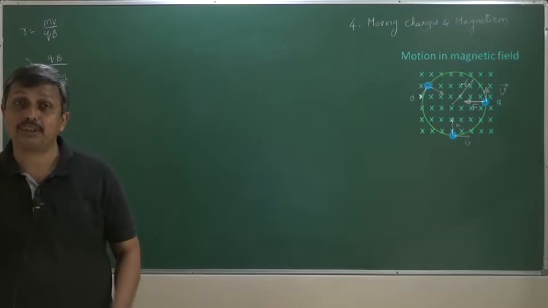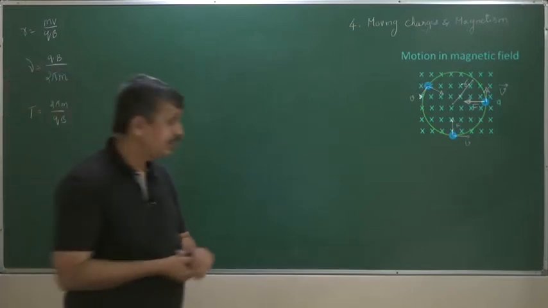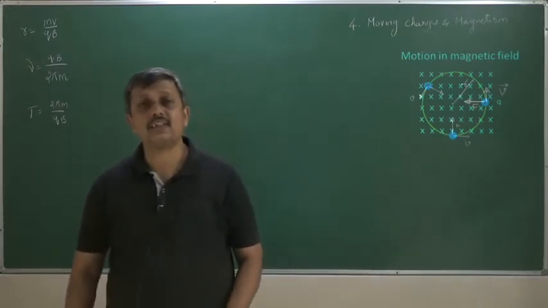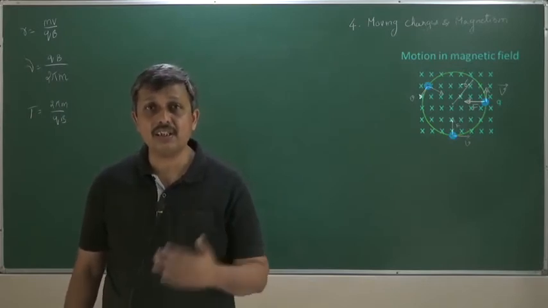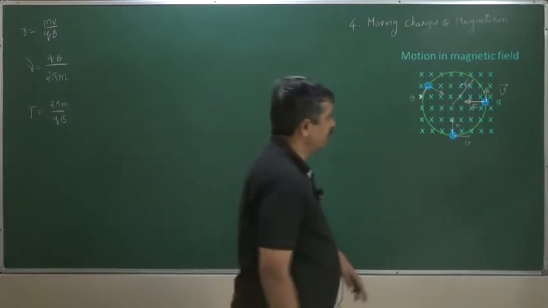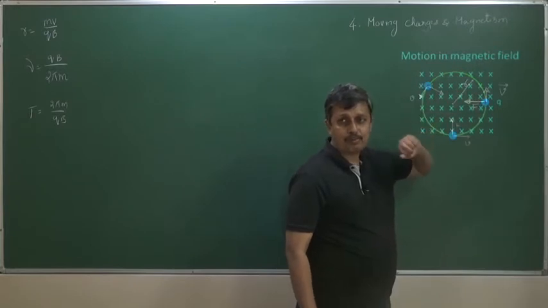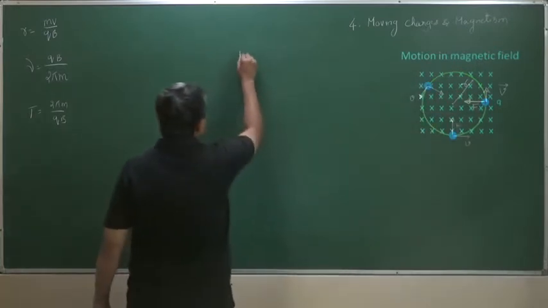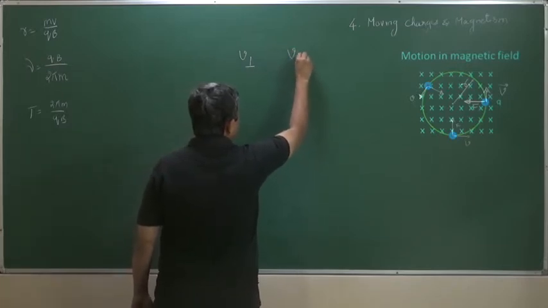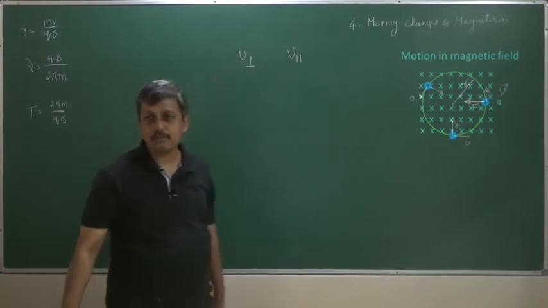So then what will happen? The velocity can now be split into two components, parallel and perpendicular to B. We can call them the perpendicular component and the parallel component of velocity.